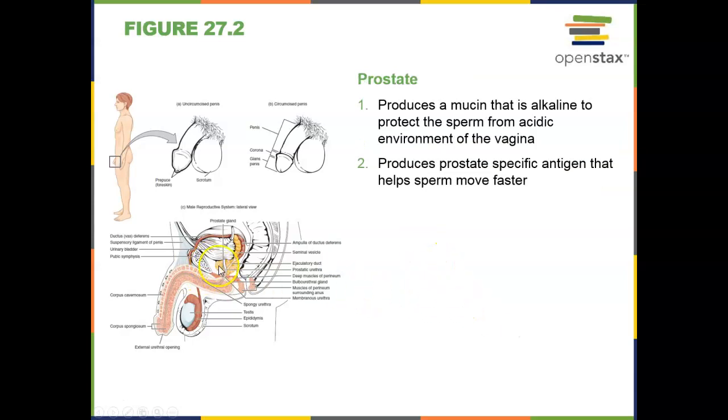The prostate, which is right here, produces mucins that are alkaline to help protect the sperm, and produces a prostate-specific antigen, or PSA, that kind of helps to liquefy the sperm and help it to move even faster towards the egg in the female.